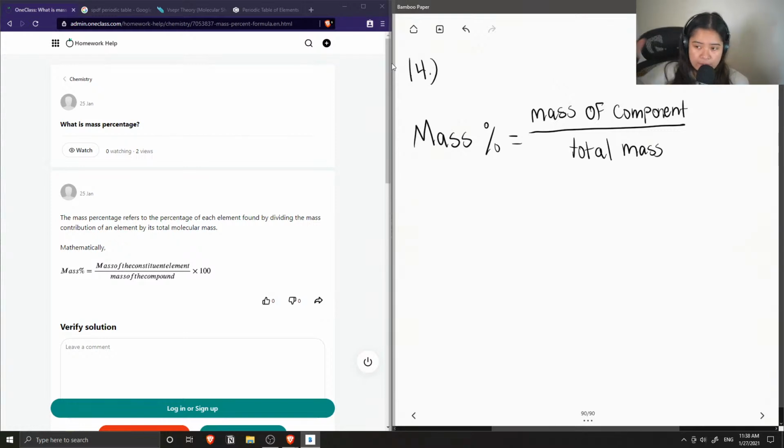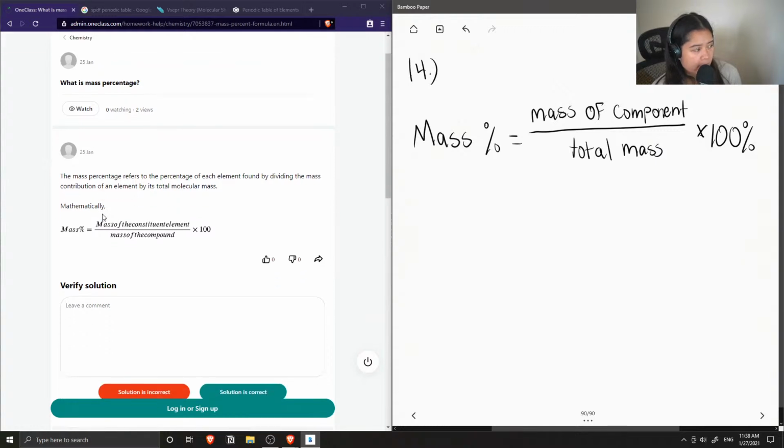So it just depends on what you're looking for, but this is why I'm just writing it in simple terms. And then once you find that ratio, you multiply it by 100. And this is how you get the mass percentage of a component in a mixture or compound.